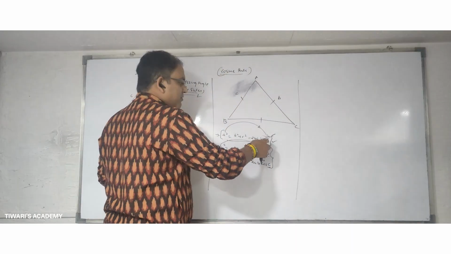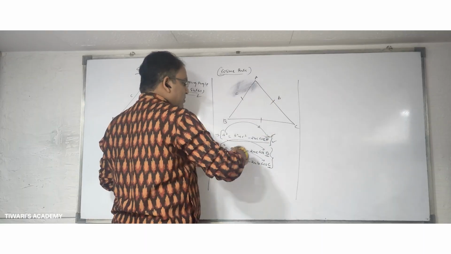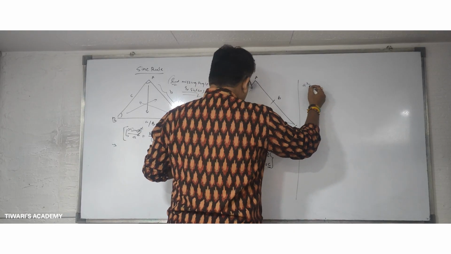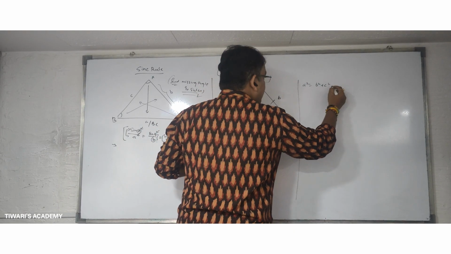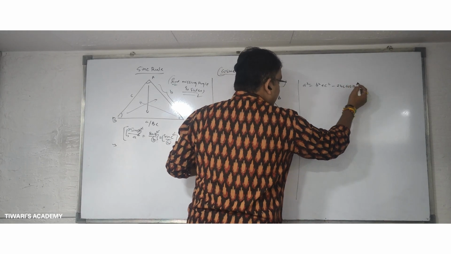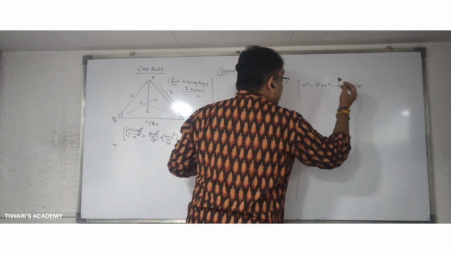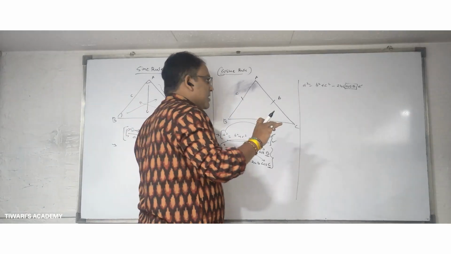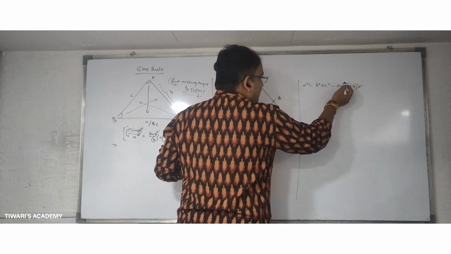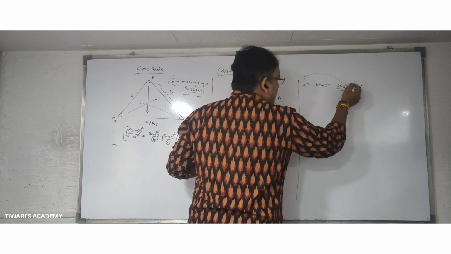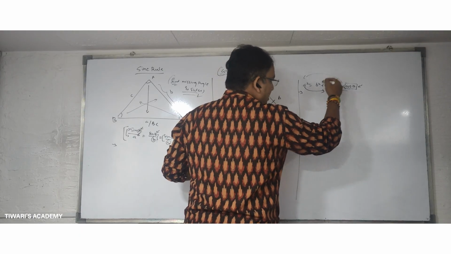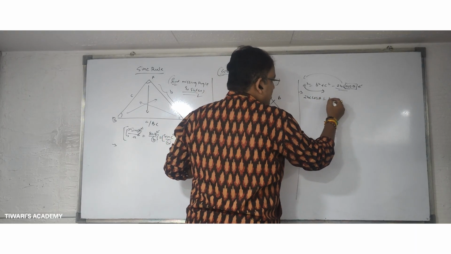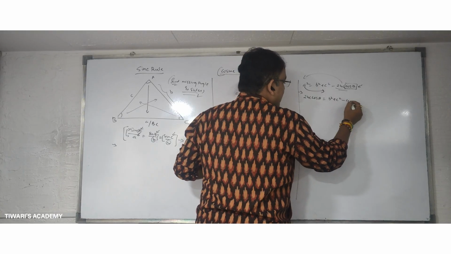So if we are told to find angle A when all three sides are given, I will write the same formula: A square is equal to B square plus C square minus 2BC cos A. Since I want to find angle A, I will make cos A the subject. I will bring the entire thing to this side, and take A square to the other side. So 2BC cos A is equal to B square plus C square minus A square.